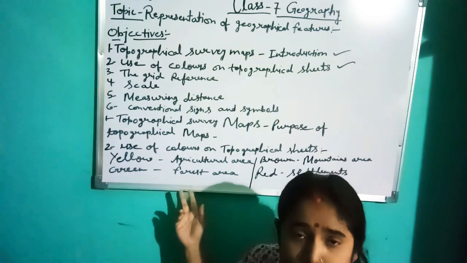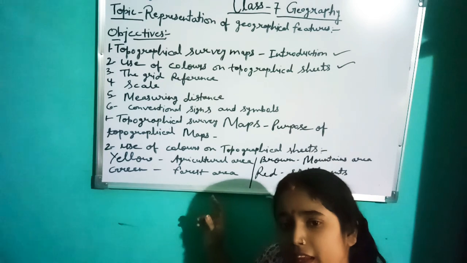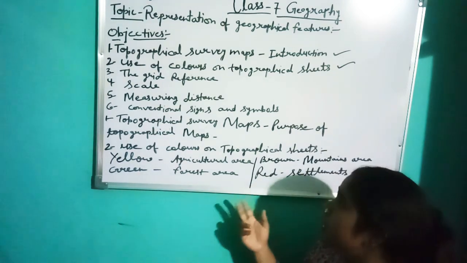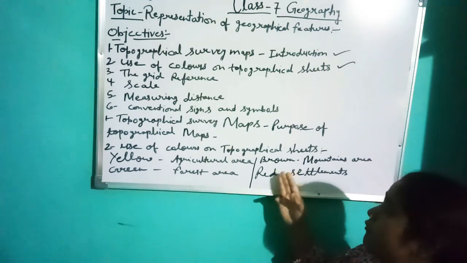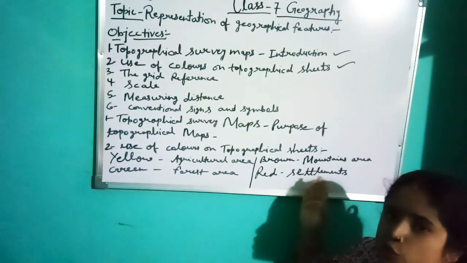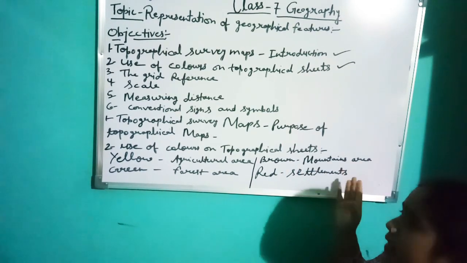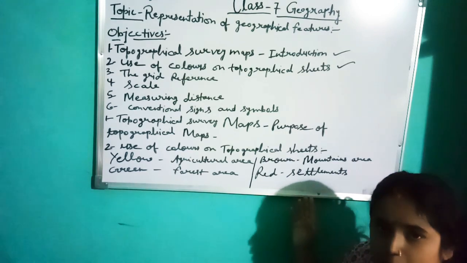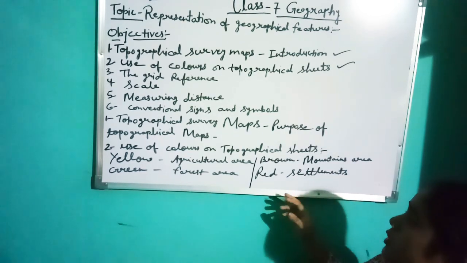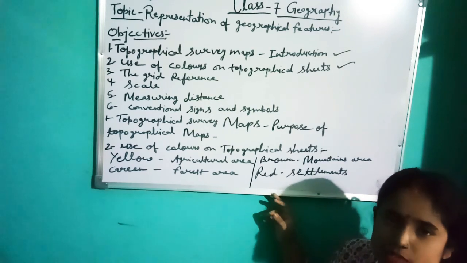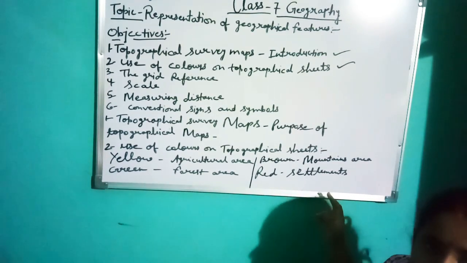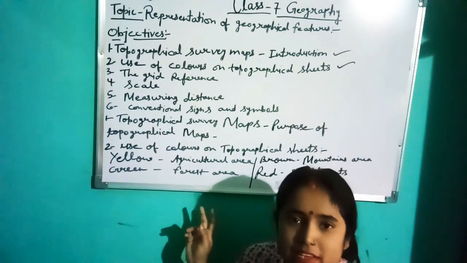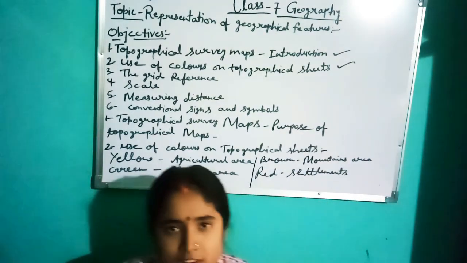If we are using brown color, then we are showing mountain areas, plateaus, etc. And if we are using red color, then it is showing settlements, permanent settlements, huts, etc.